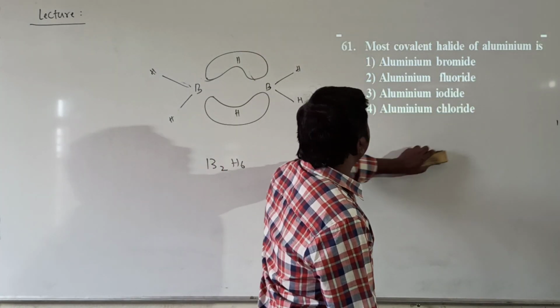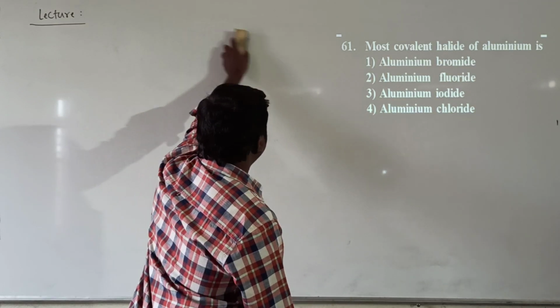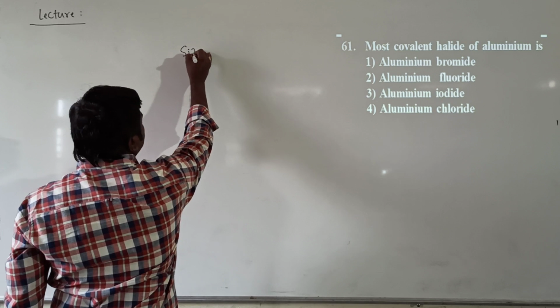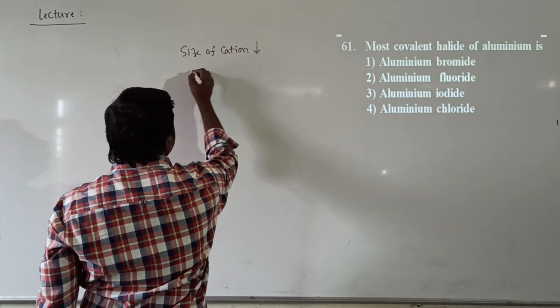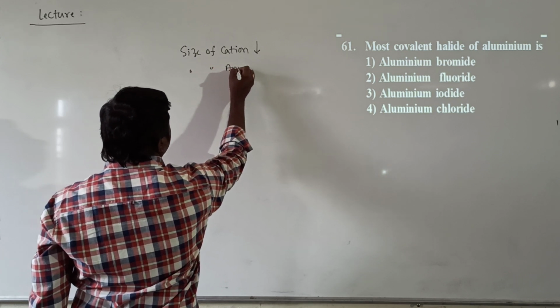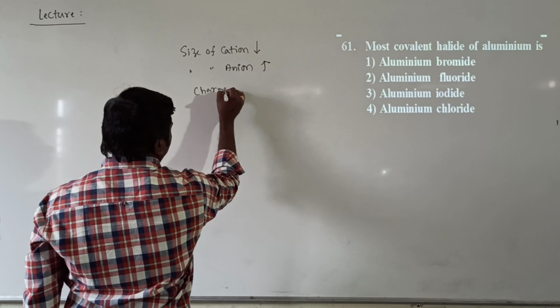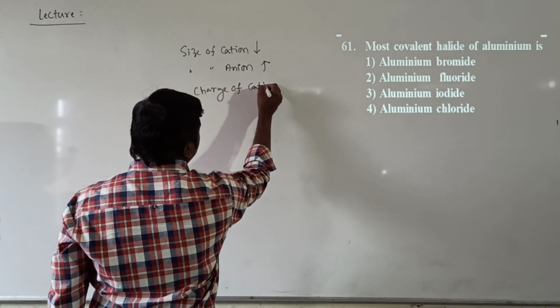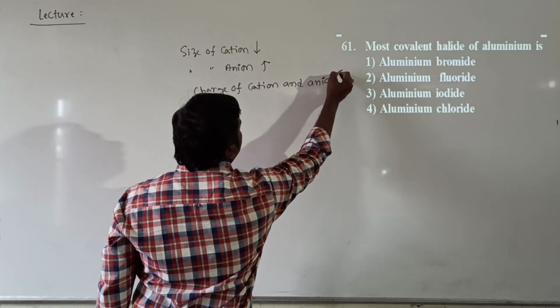Most covalent aluminium compound. For covalent character, size of cation must be decreased, size of anion must be increased, and charge of cation and anion must be increased.